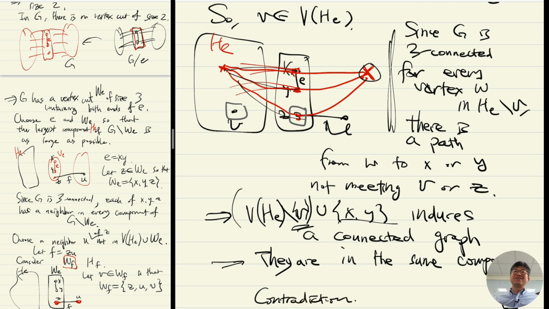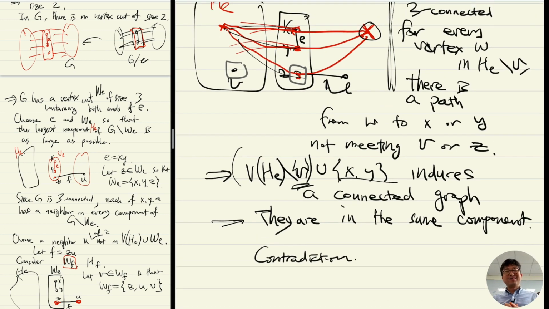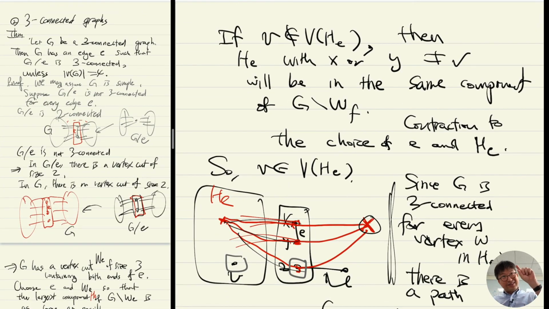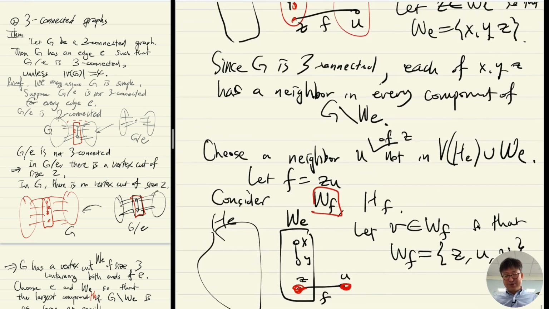Okay, so this is a kind of proof that uses maximality. We want to find particular edges that we can contract, keeping 3 connectedness, and the idea is to come up with a particular choice of E and the component.